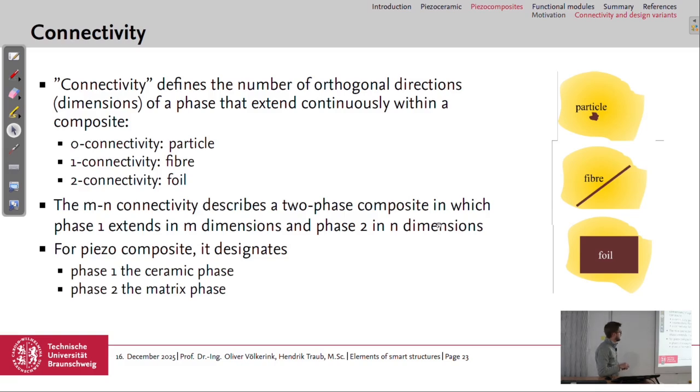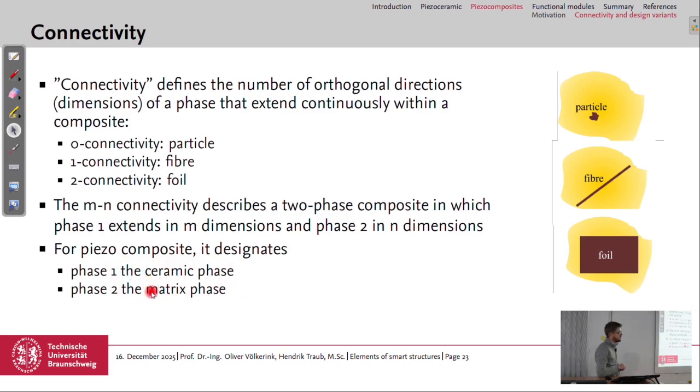And with this, we can describe the connectivity in a piezoceramic composite with MN connectivity, which describes the 2 phases. Phase 1 is the ceramic phase, and phase 2 is the matrix phase.